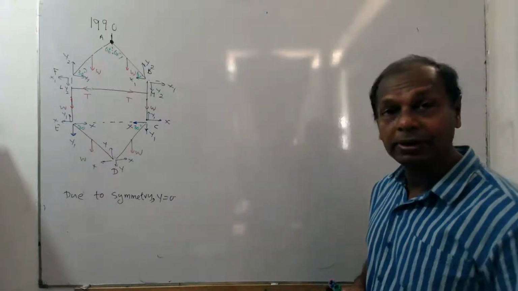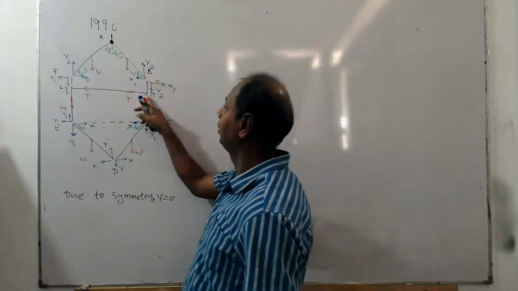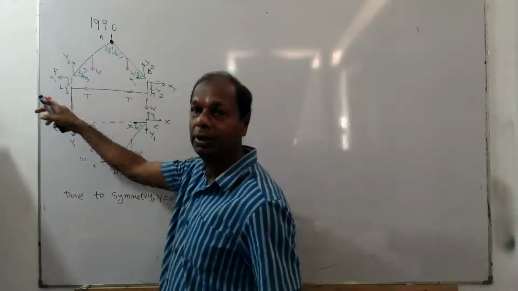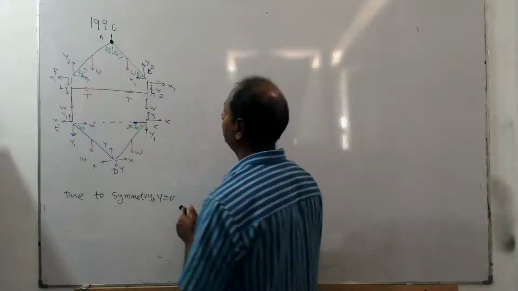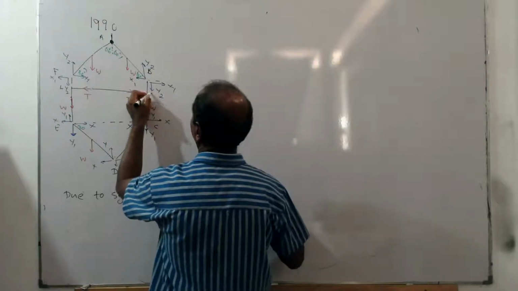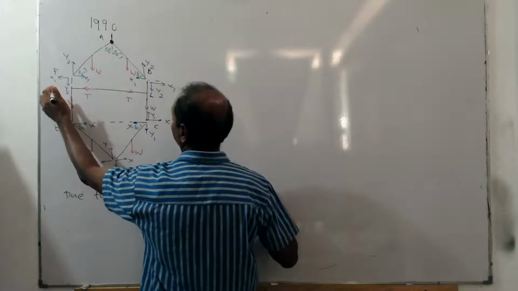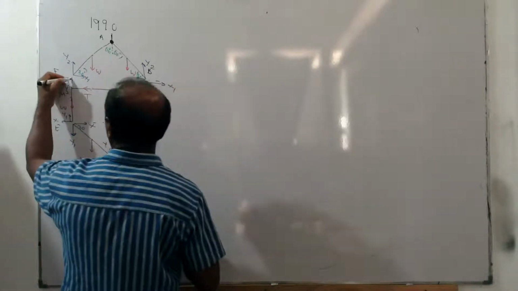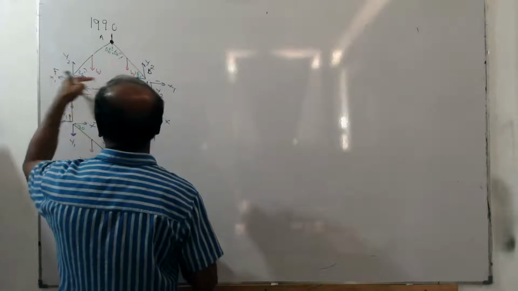Further, you are given the distance, BL and M. This length is given as small x.